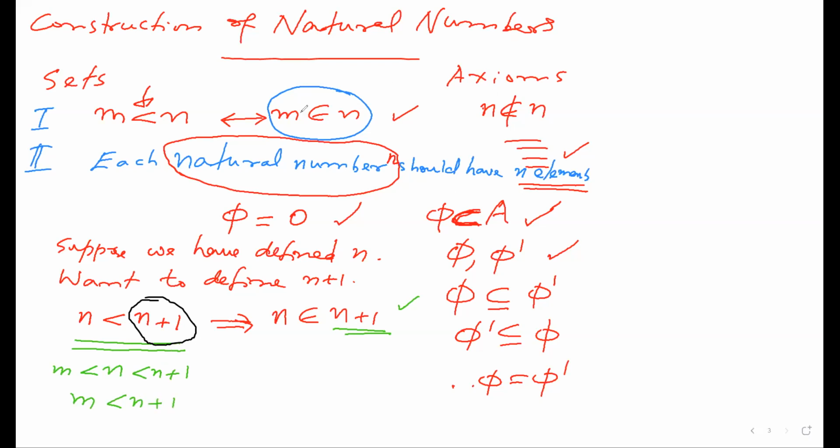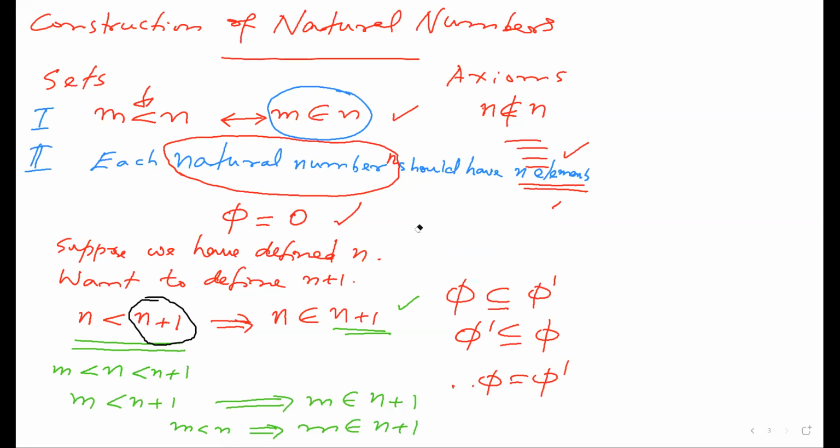So this means m is contained in n plus 1. So m less than n implies m contained in n plus 1. Right now you will be a little bit confused. Hold on. So what have we proved so far?